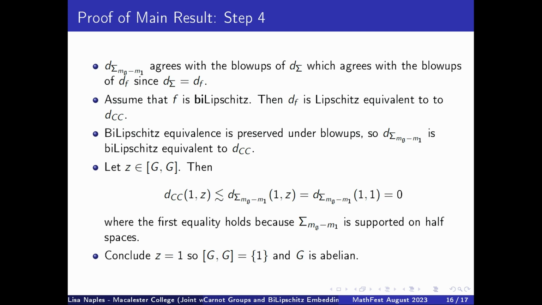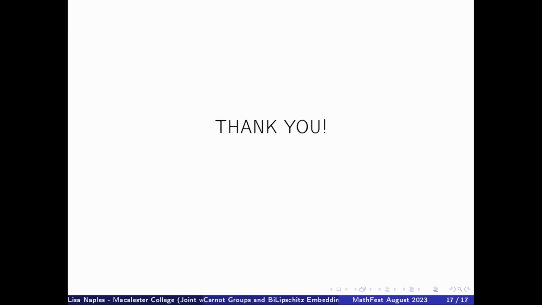The second equality comes from the fact that this metric that we've come up with is supported on half spaces. And of course, we get that this distance is 0. We conclude that z needs to be the identity element, and this tells us that our group was, in fact, abelian. Okay. So I think I'll stop here. Thank you.